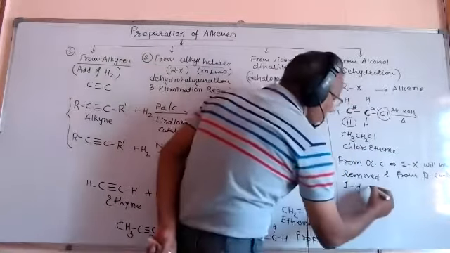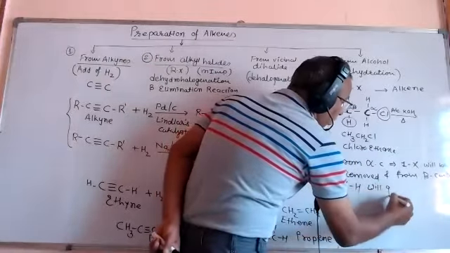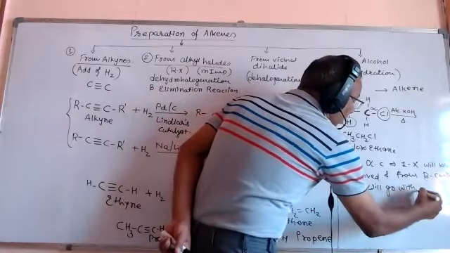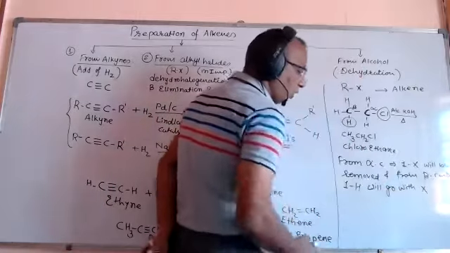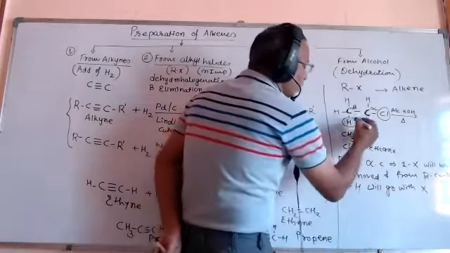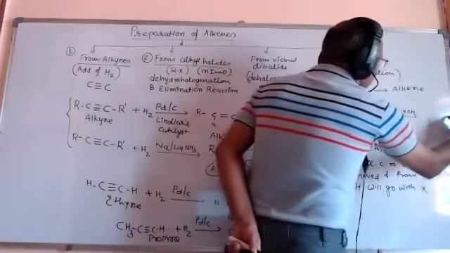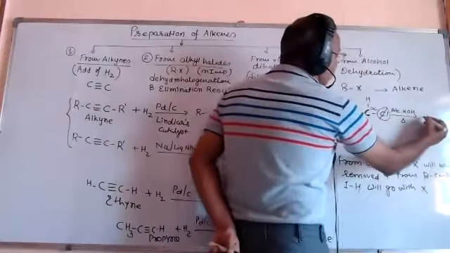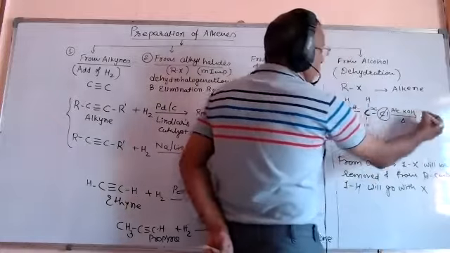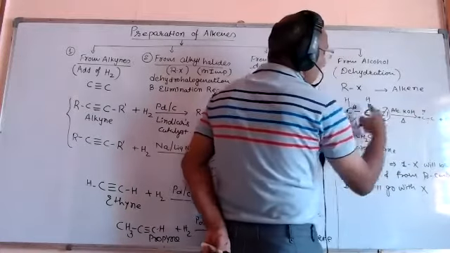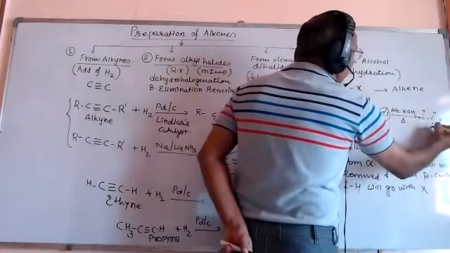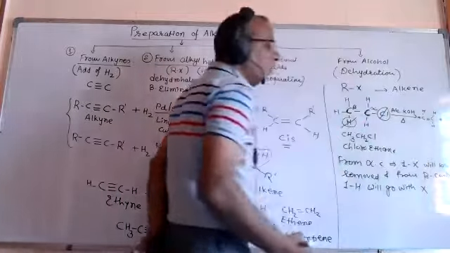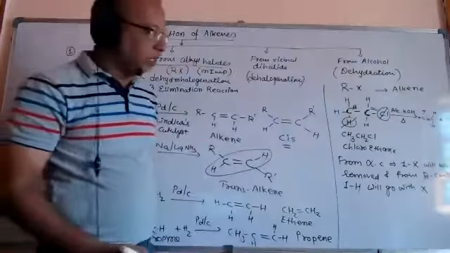For example, this will go with X. X means here chlorine is taken, and this is H and Cl. So HCl will be removed, friends. What is left? You can see C, C, two hydrogens are here, and two hydrogens are here, friends. A double bond will be formed here.